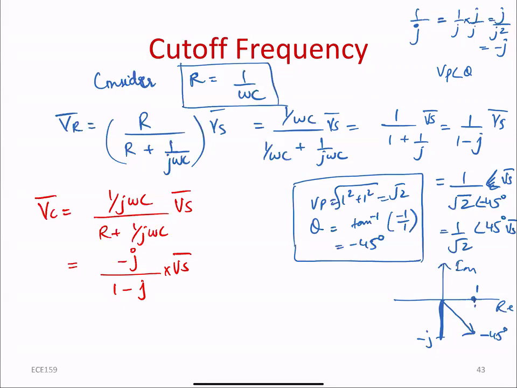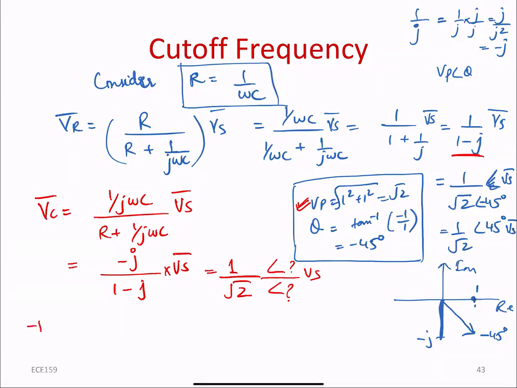The magnitude of minus j is nothing but 1. The magnitude of 1 minus j, as shown here, is under root 2: 1 square plus 1 square, root 2. Now what is the angle for minus j?